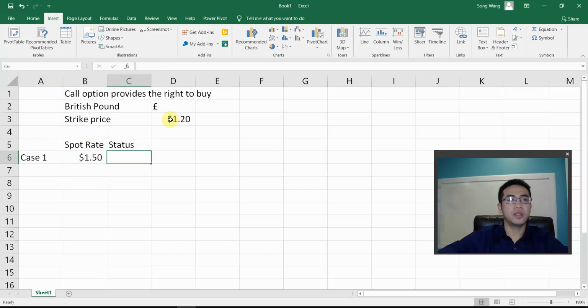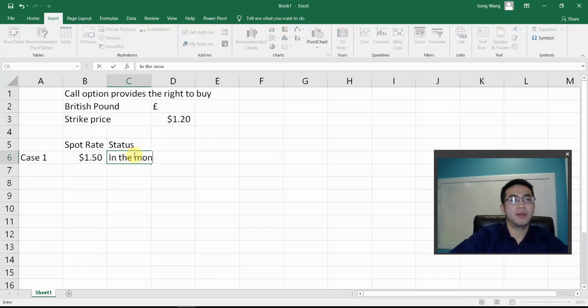The strike price that allows the buyer to buy is 1.2, and the spot rate in the market is 1.5. So the pound is worth $1.5 when the buyer can buy at a cheaper price of 1.2. So the status of this call option is in the money.